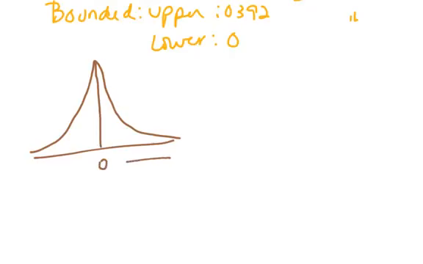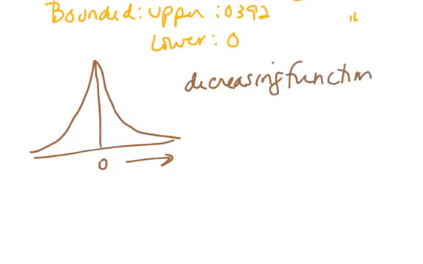And again, we're looking at this piece of it. So you can tell that this is a decreasing function. And what do you know about decreasing functions? The first derivative is going to be less than 0. So, you can attack this problem from different angles. I hope this video helps.